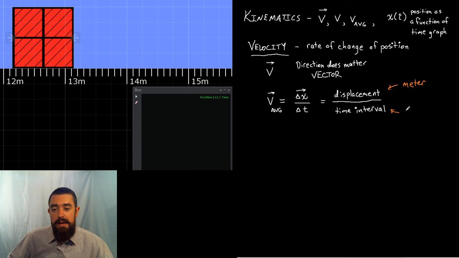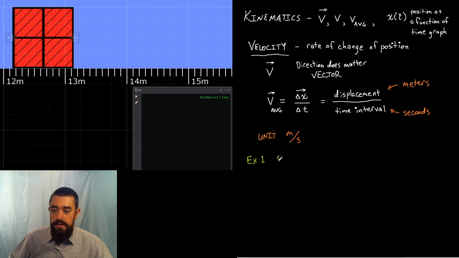In physics, time is measured in seconds. So meters divided by seconds is the unit. So we would say the unit is going to be meters per second. So let's do an example.